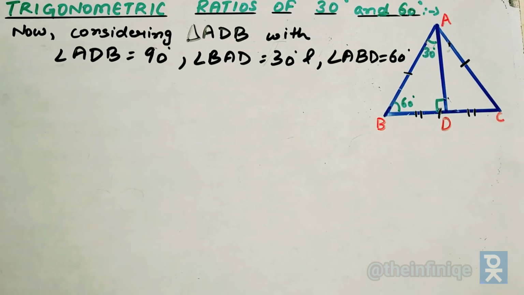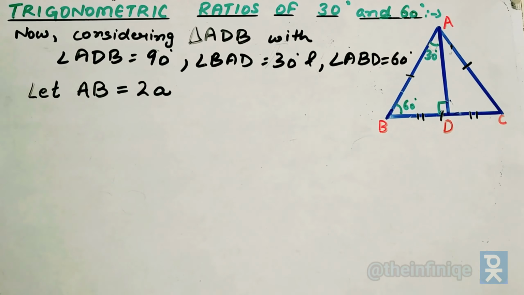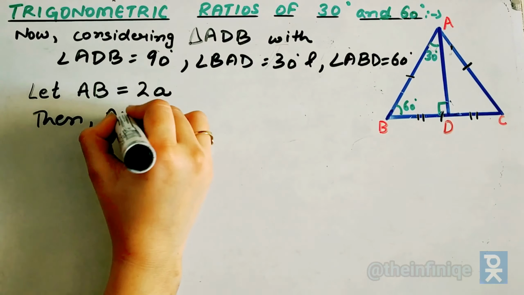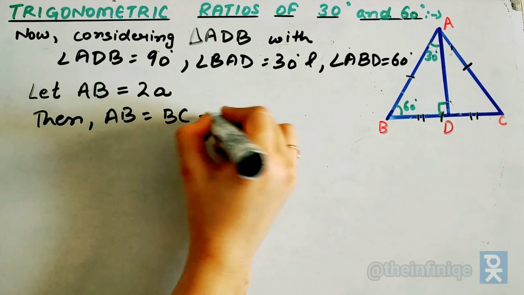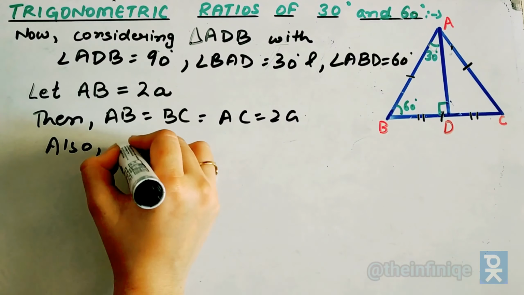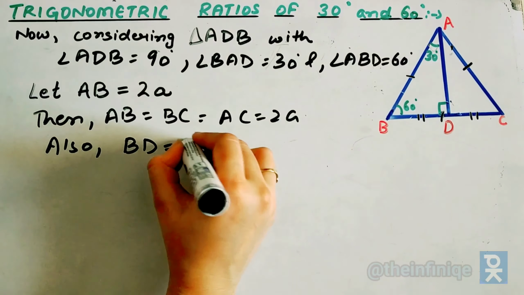As you know, for finding the trigonometric ratios, we need to know the lengths of the sides of the triangle. So let us suppose that AB is equal to twice of a. Then AB is equal to BC is equal to AC is equal to twice of a. Also proved above that BD is equal to DC.